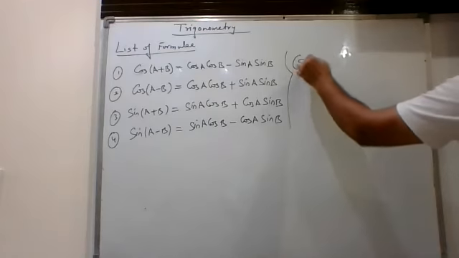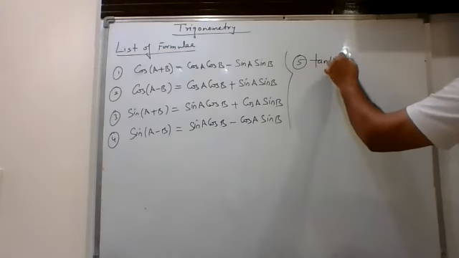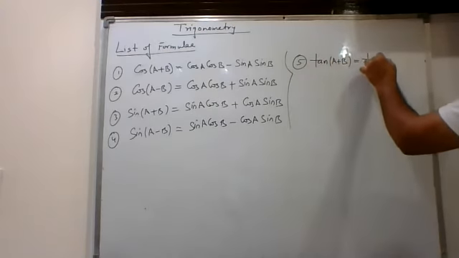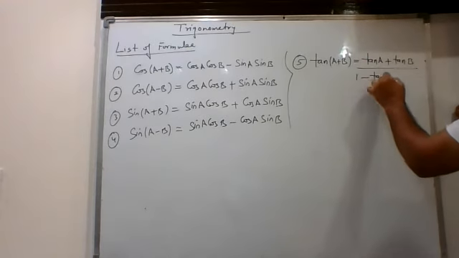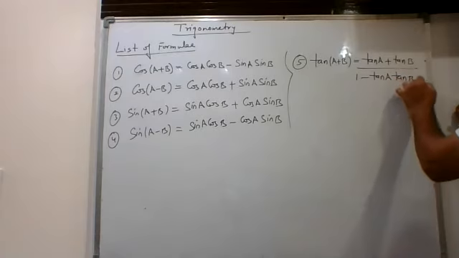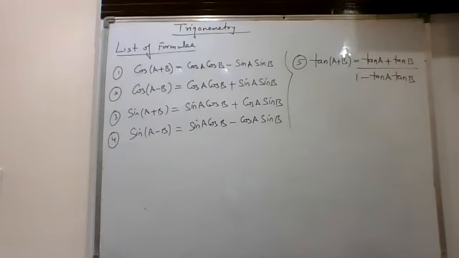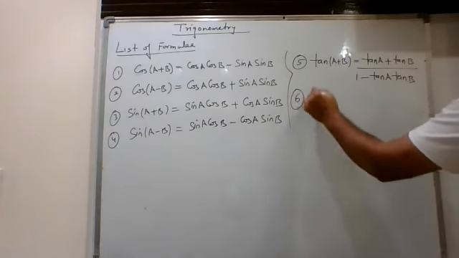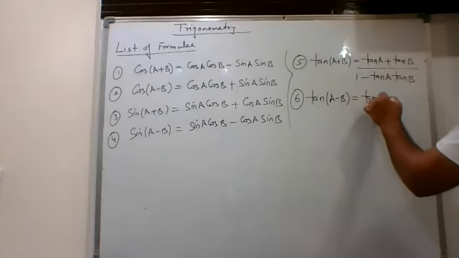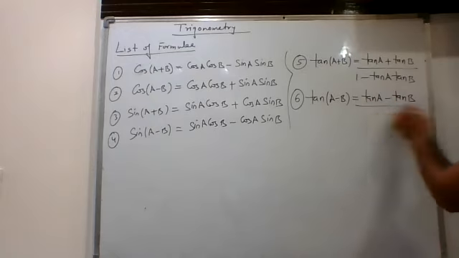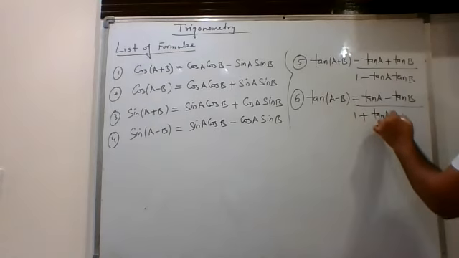Number 5, you can write down tan(A+B). Tan(A+B) will be equal to (tan A plus tan B) upon (1 minus tan A tan B). Similarly, formula number 6, tan(A−B), is (tan A minus tan B) upon (1 plus tan A tan B).